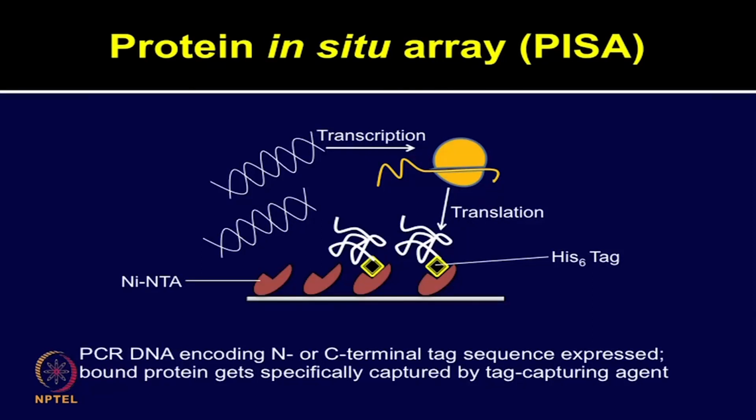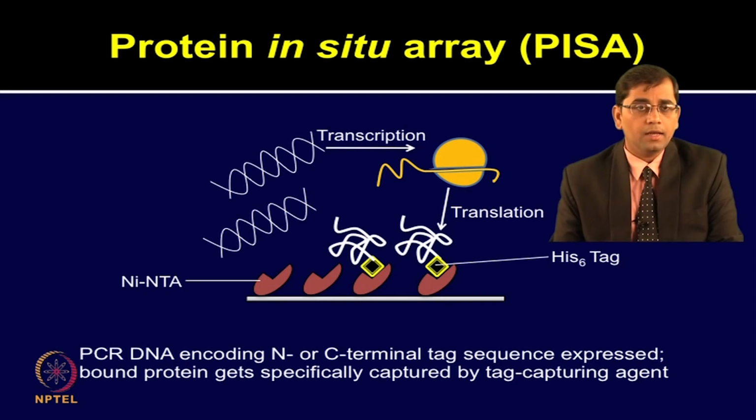Overall, the PISA method utilizes PCR DNA which encodes an N or C terminal tag sequence and then transcribes and translates the cDNA of interest into the protein. This protein, which is synthesized after the cell-free expression, gets specifically captured by the tag capturing agent.